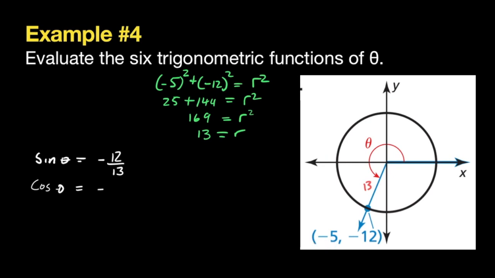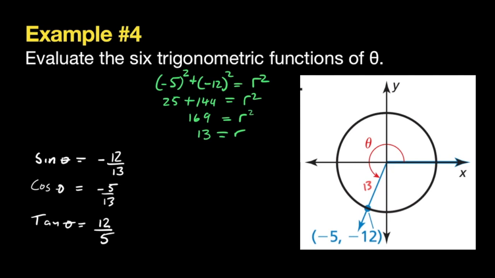So negative 5 over 13. And tangent theta is going to be your y divided by your x. So in this case, it's going to be positive 12 over 5.